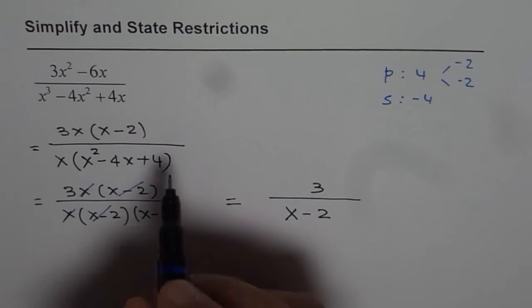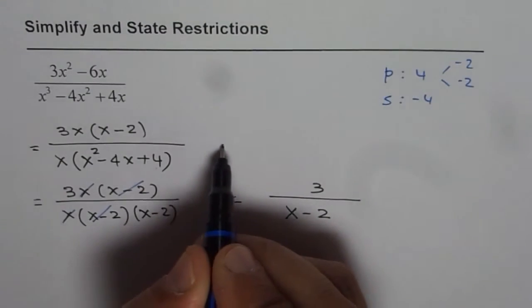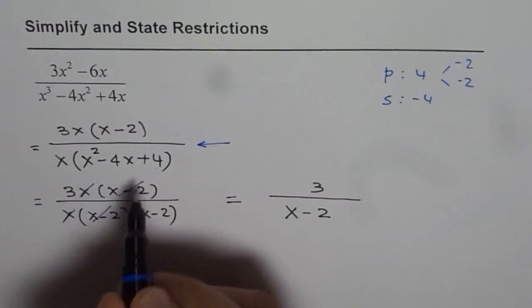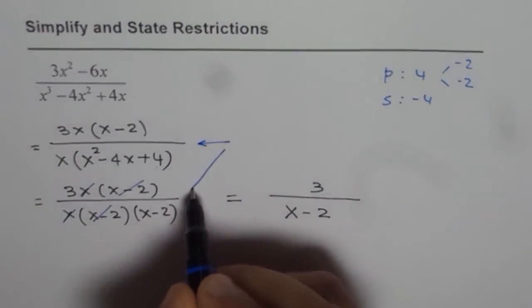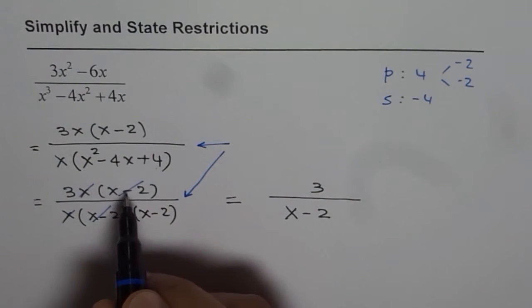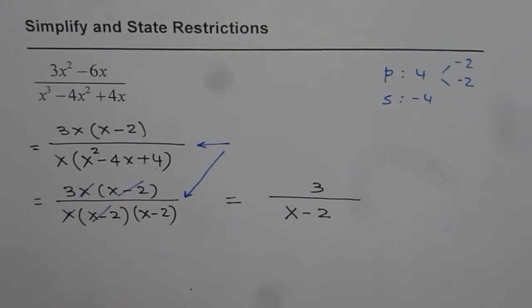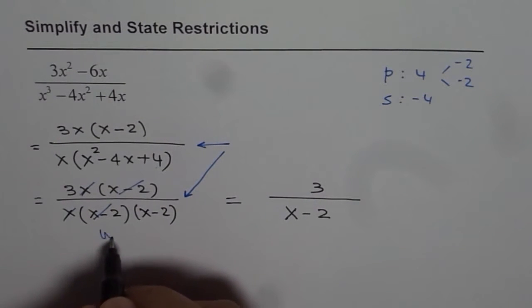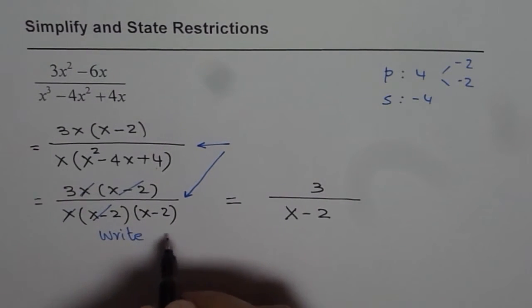So we have to always write restrictions at this stage, when you have factored, and that is the point where you should write restrictions before cancelling or simplifying the common factors.